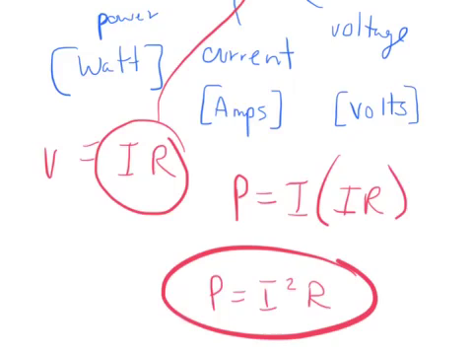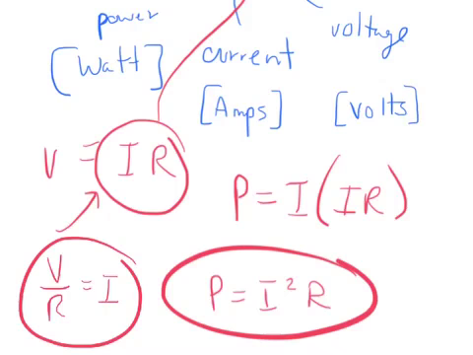Now, there's one other way to write this formula. We can solve for I in this formula right here. Solve for I in this formula. Good. So now, take that I and plug it back into the original.